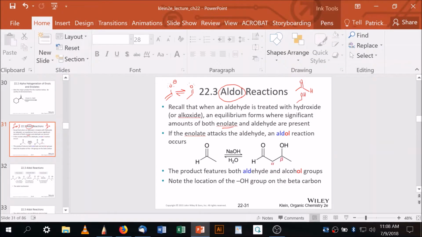Okay, so if the enolate attacks the aldehyde, an aldol reaction occurs. All right, so I didn't have it balanced before, so I see that if I'm doing this with trace amounts of sodium hydroxide, I've got water in solution, I can protonate it. That's exactly what I have on my other. Let me go back and look at that, show you, prove it to you.